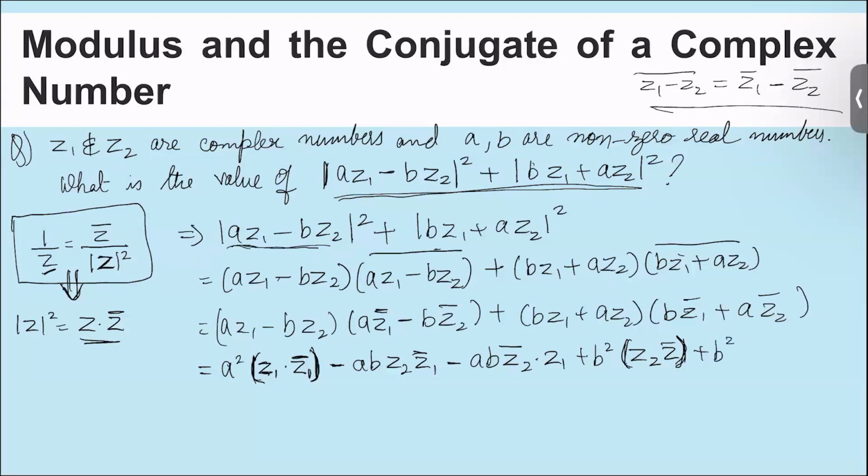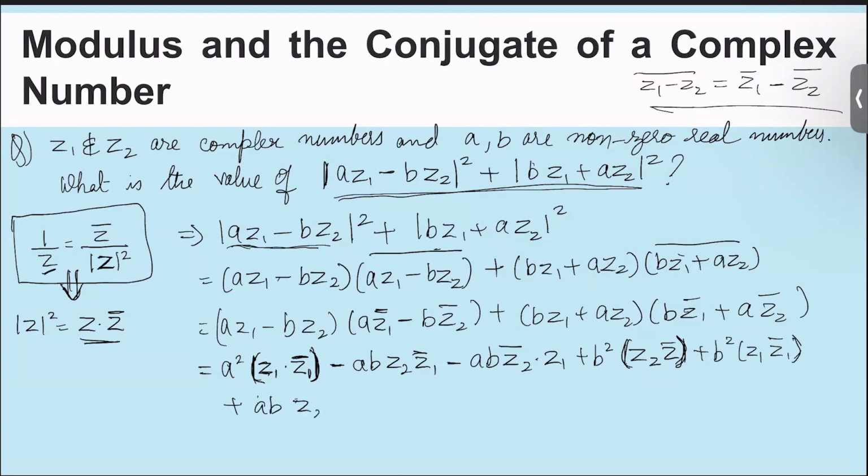So you have b squared z1 z1 conjugate, plus ab z2 z1 conjugate, plus ab z2 conjugate z1, plus a squared z2 z2 conjugate. Now you can see that these terms cancel each other out.